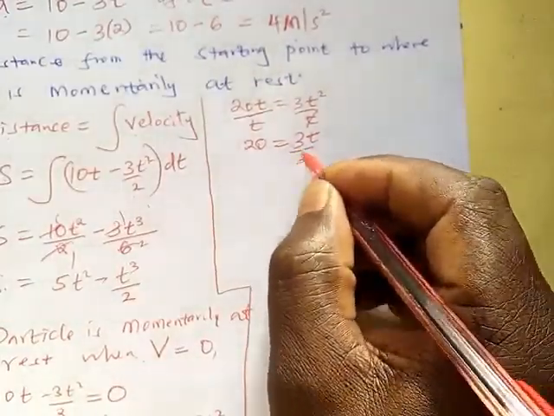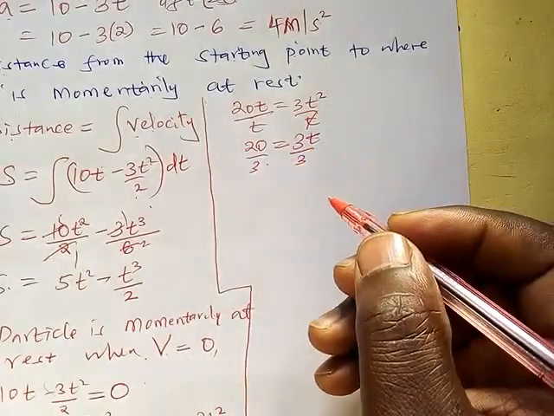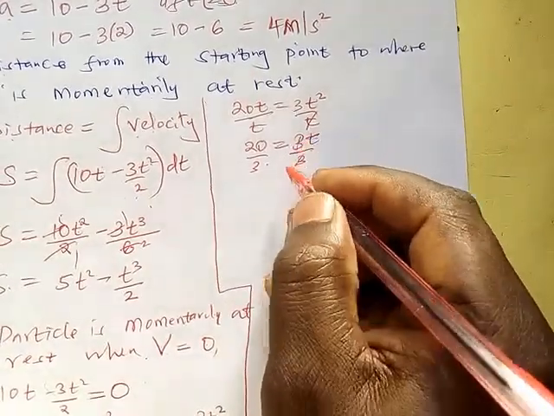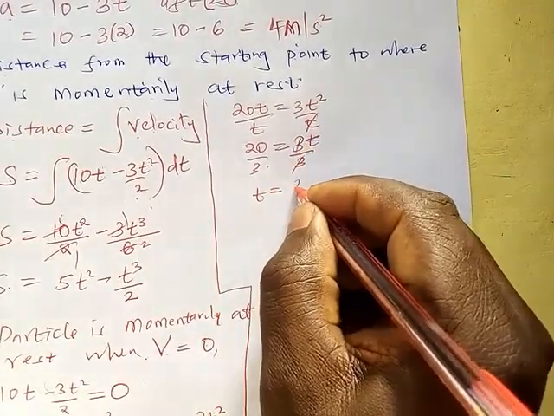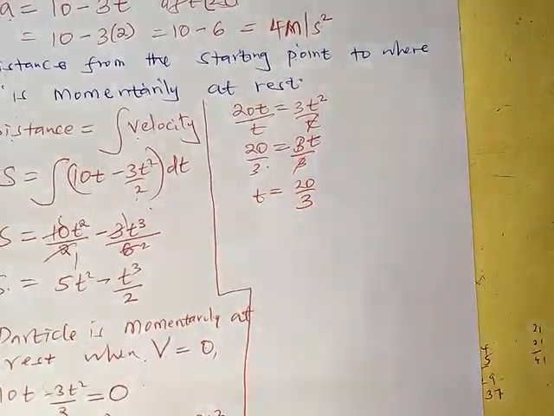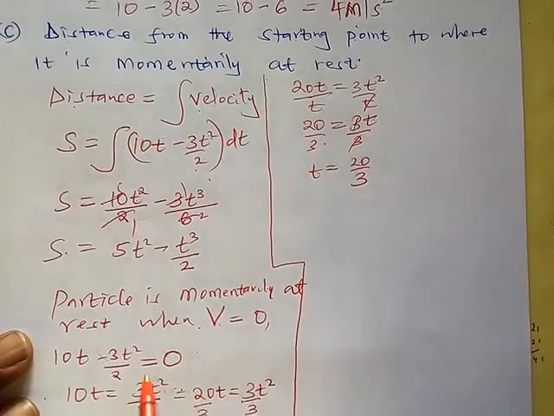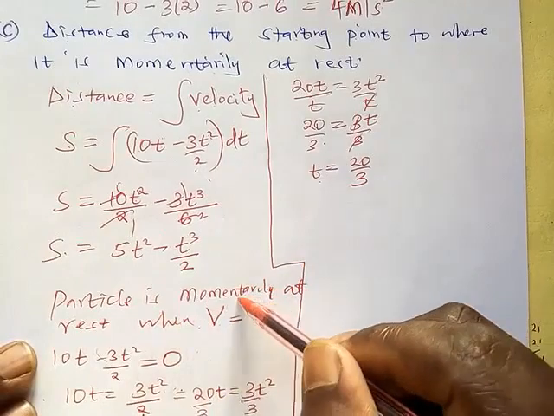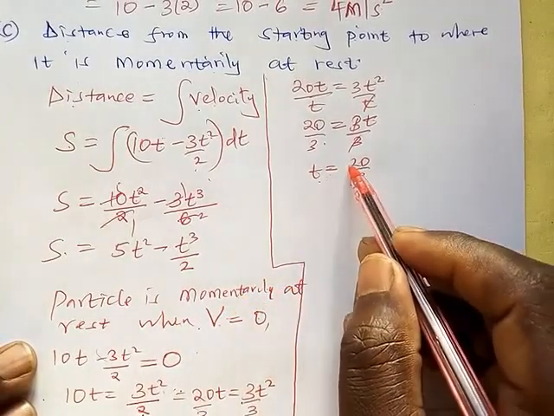So divide by 3, and t is equal to 20 divided by 3. Now we have the time when the particle is momentarily at rest.